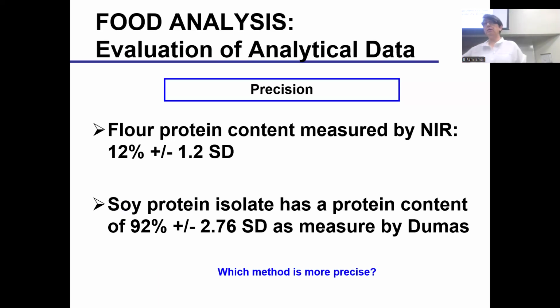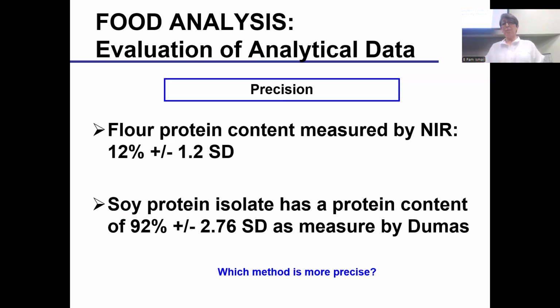This is going to happen to you in the lab, where each group will be evaluating completely different types of samples using multiple methods of analysis. So we need to compare precision across samples and methods. Okay, so we have flour, regular wheat flour, and then we have soy protein isolate, which is an ingredient that is high in protein.